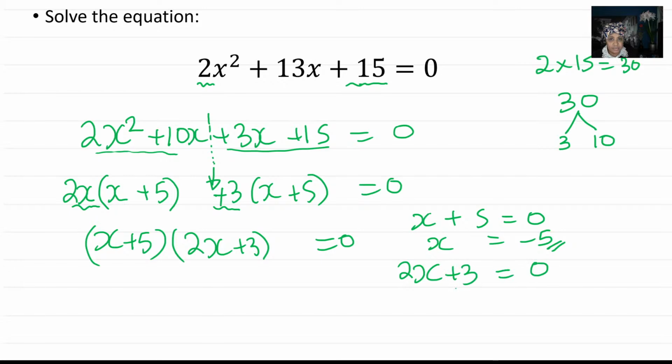We take away 3 on both sides, then we have 2x equals negative 3. We divide by 2, so therefore x is equal to negative 3 over 2. You can leave your two solutions like that.